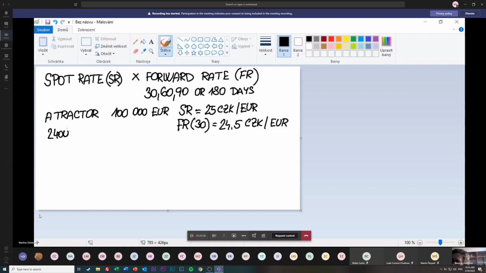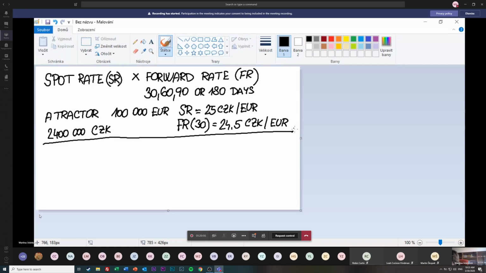There is the exporter. He is exporting a tractor, and the price of the tractor is 100,000 euros. He is expecting payment within 30 days after the delivery. So he knows now the information that the spot rate is 25 and the forward rate, the exchange in 30 days, is 24.5 Czech crowns.